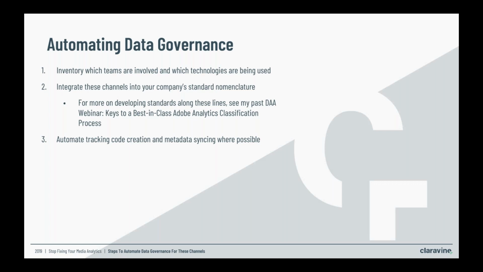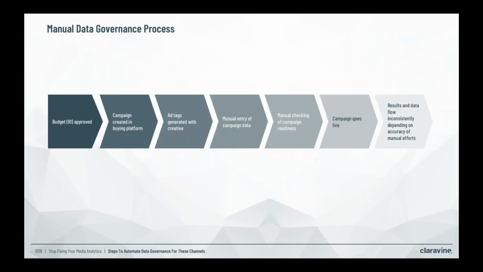So we'll go through an example of what this process might look like without a platform in place to do this, and which piece of it might change. A lot of times you might have a budget approval step or an insertion order that kicks off this whole process of running a campaign. Your process may look slightly different, but by way of example, it might start there.